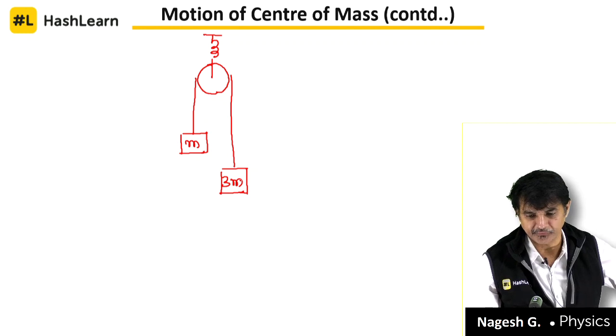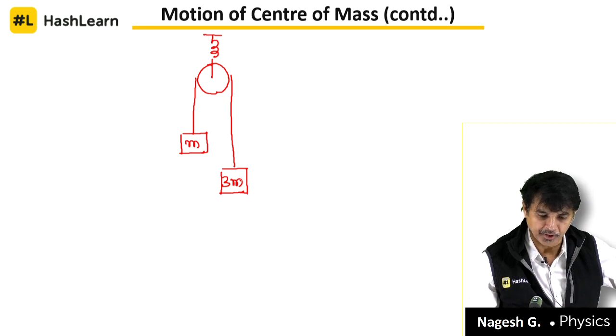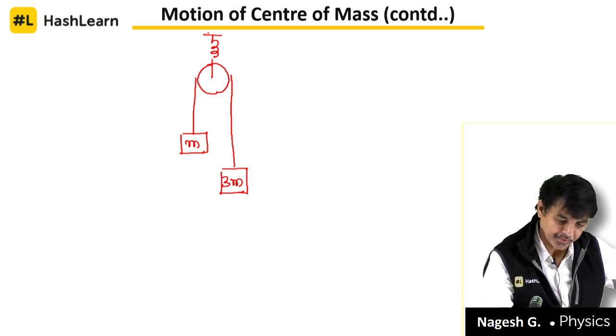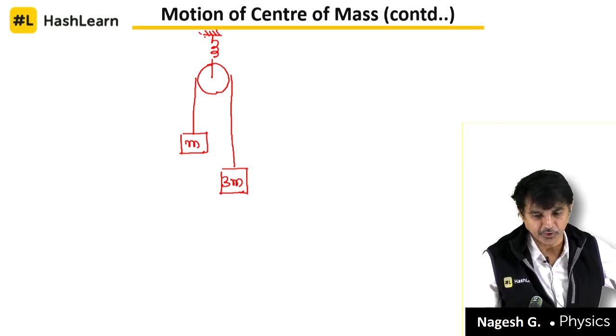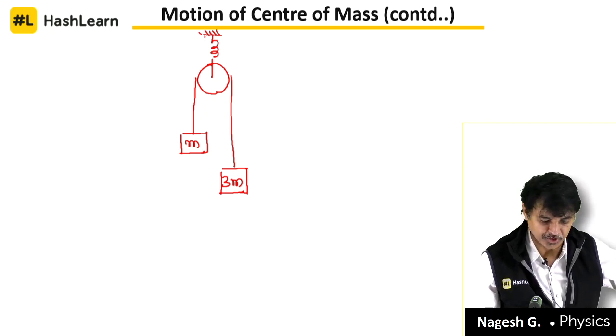I hope you know this machine is called as Atwood machine, provided with two blocks m and 3m and suspended to a point by a spring. And when the system is released, we know the body with mass 3m will be moving in the downward direction, and the other body having the mass small m will be moving in the upward direction.